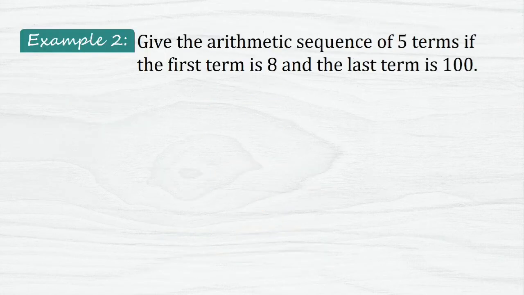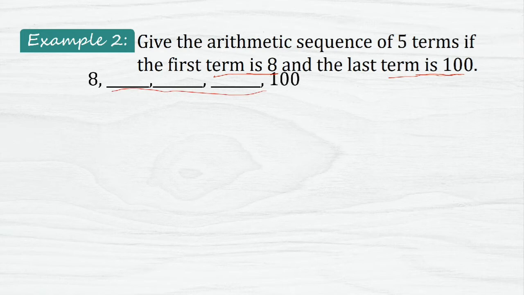Another example: give the arithmetic sequence of 5 terms if the first term is 8 and the last term is 100. Okay? So, it means to say, there are 5 terms in all, including the first term and the last term. So, that means we have to insert 3 terms between 8 and 100.